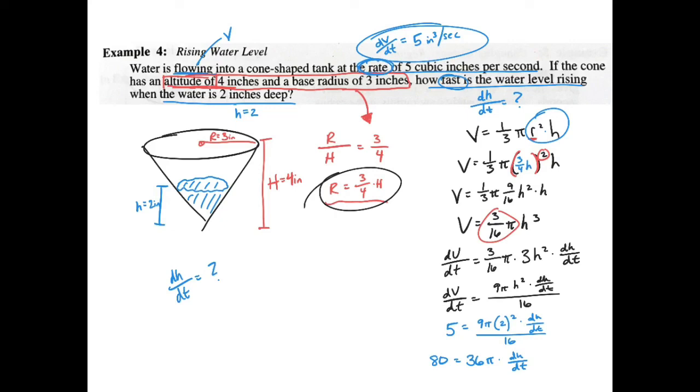And let's divide by 36 pi, and I see that dh/dt is equal to 80 over 36 pi. I can reduce that, divided by 4, what is that, 20 over 9 pi. Units would be, let's see, h was measured in inches, time was measured in seconds, so it'll be inches per second.